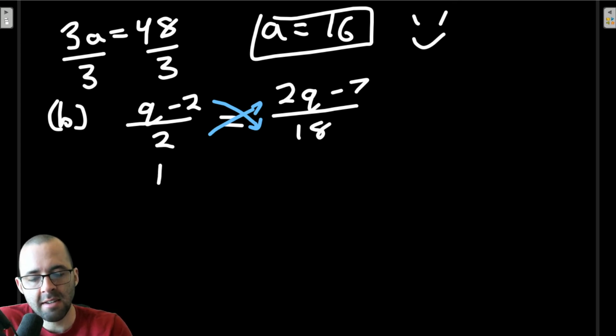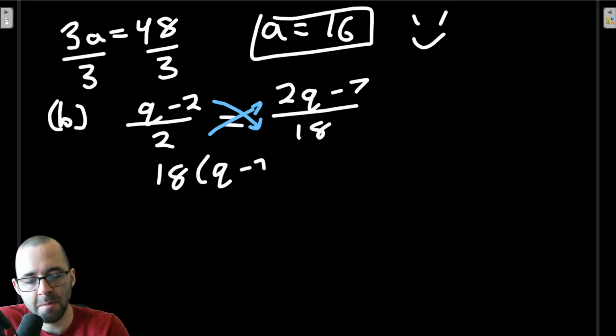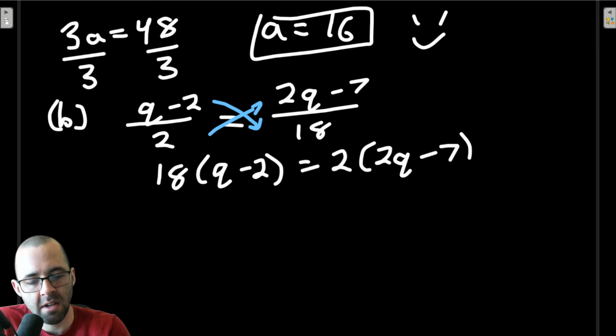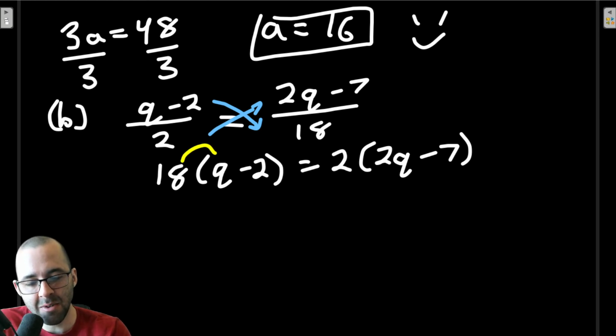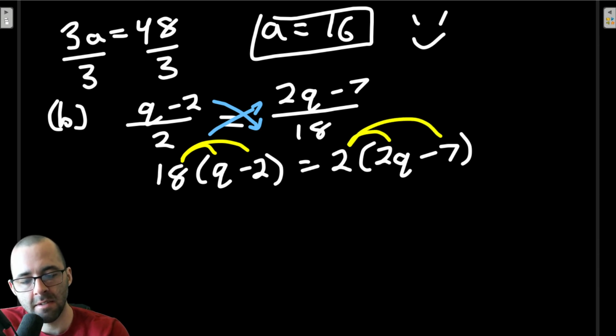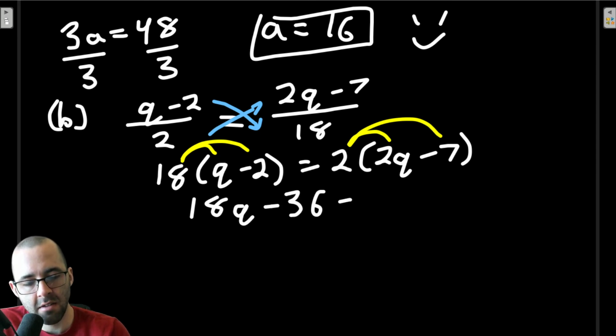We get 18 times Q minus 2 equals 2 times 2Q minus 7. And now you can either divide both sides by 2 or distribute. It's up to you. All right. So here we go. If we distribute that 18, we're going to get 18q minus 36 equals 4q minus 14.